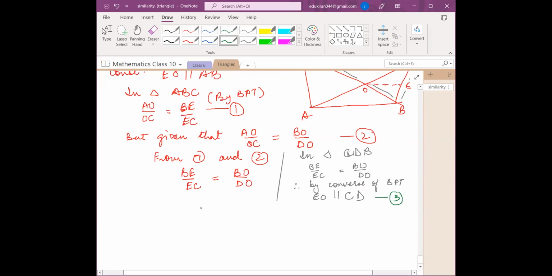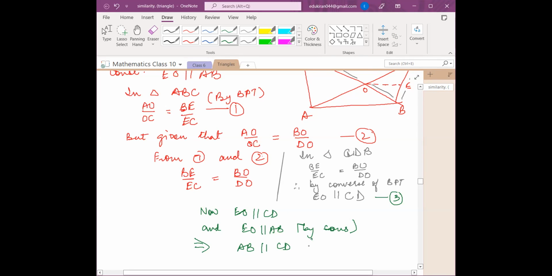So how can I write it? Just use some words. Now EO is parallel to CD, and EO is parallel to AB by construction. So comparing, this implies that AB will be parallel to CD. And how is this parallel?